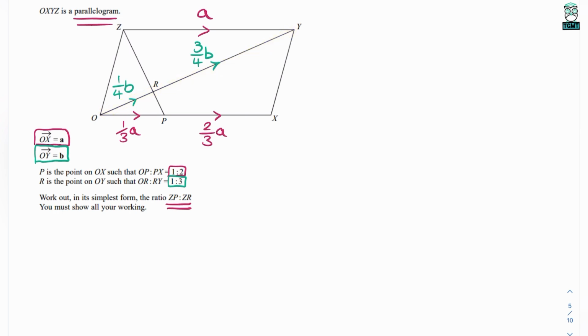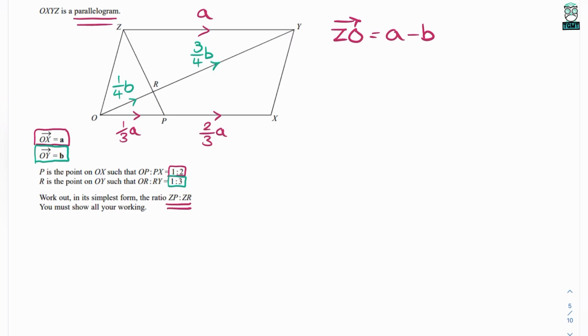So to get from z to o, I'd have to go all the way across to y, which would be a. Let's write this down. So the vector z to o would equal a, and then we'd have to go minus b, because moving up the line there is a plus b, so we're going backwards, so a minus b. So to get from z to o, we've got the vector a minus b.